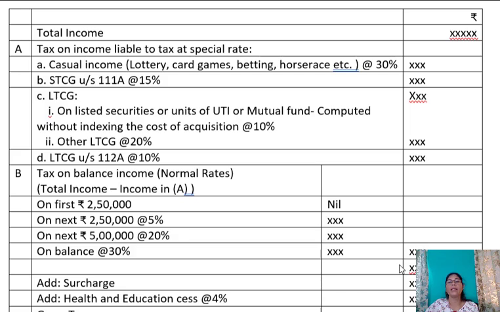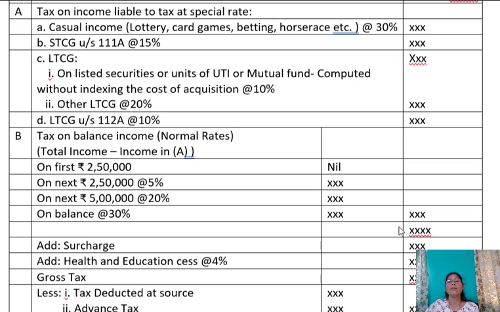Then if the total income is less than 5 lakh rupees, we can provide rebate. We can deduct rebate from this total tax. Maximum is 12,500.